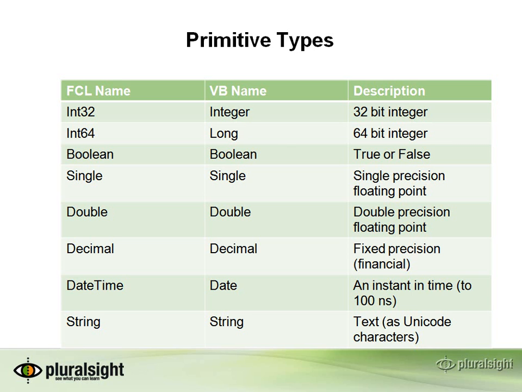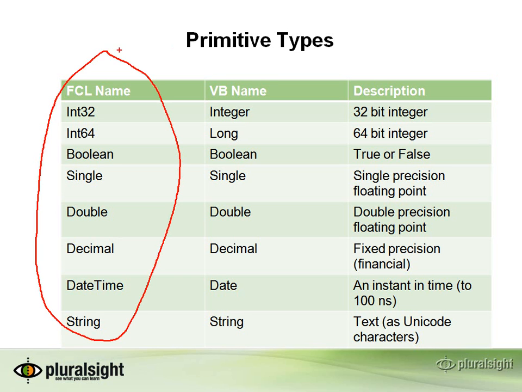Now what we didn't talk about is this column over here. When I talked about the data type names, I was talking about the Visual Basic data type names. But for each of those, there's an associated framework class library data type name. And this comes back to the whole language independence.